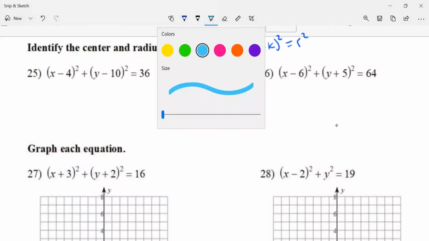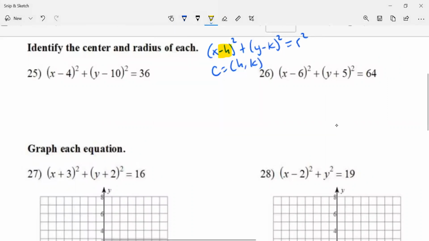One thing I want to emphasize here is what I have inside my parentheses: just change the sign. If my parentheses had a minus, I change it to positive. If I had a positive, I change it to negative. And another thing I want to emphasize is that this right here is radius squared.